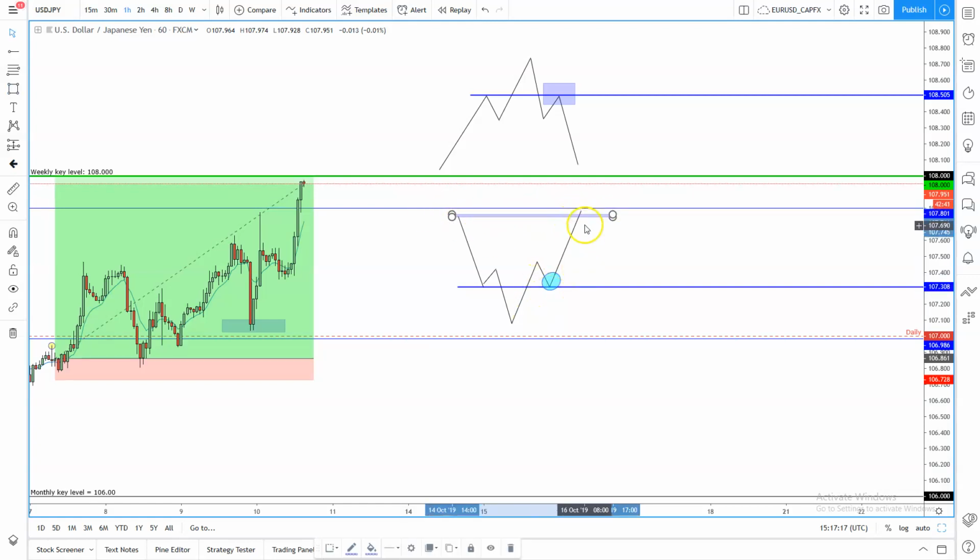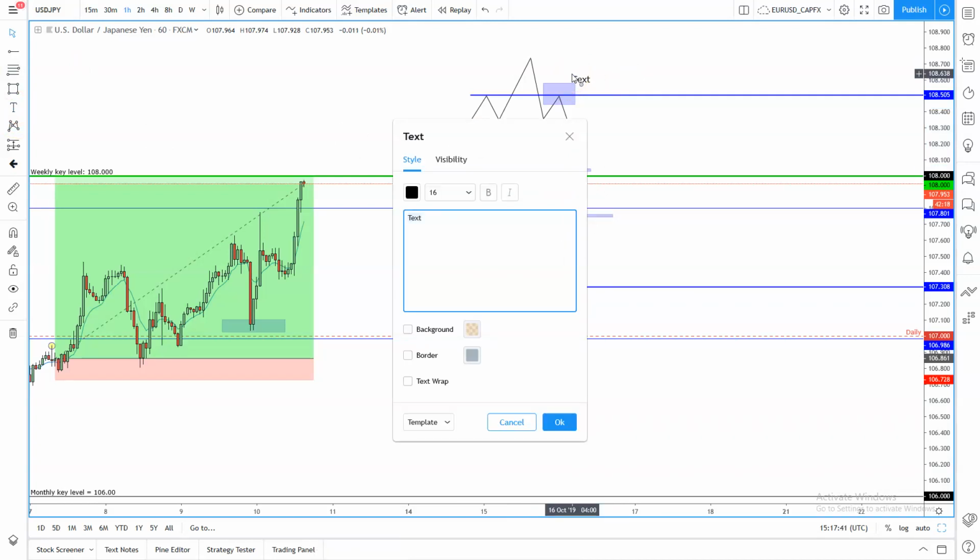So I'd enter here, and then targets would be here, and in the same way, I would target where the left shoulder starts as my target. So entry here, and then target here. So let me just tap that out.